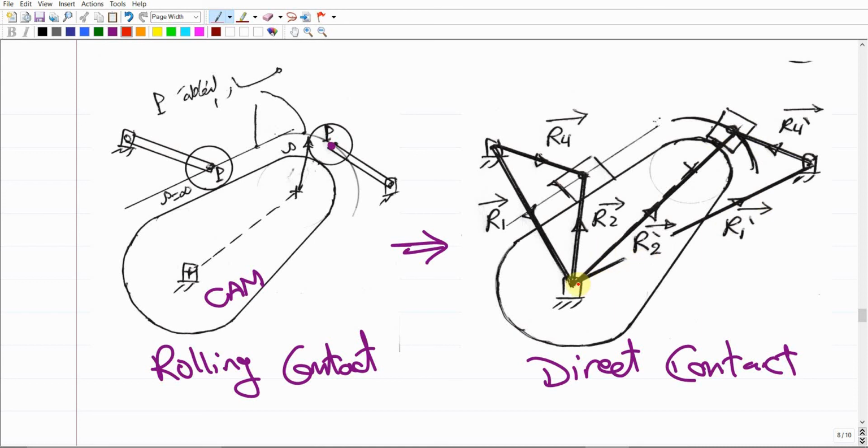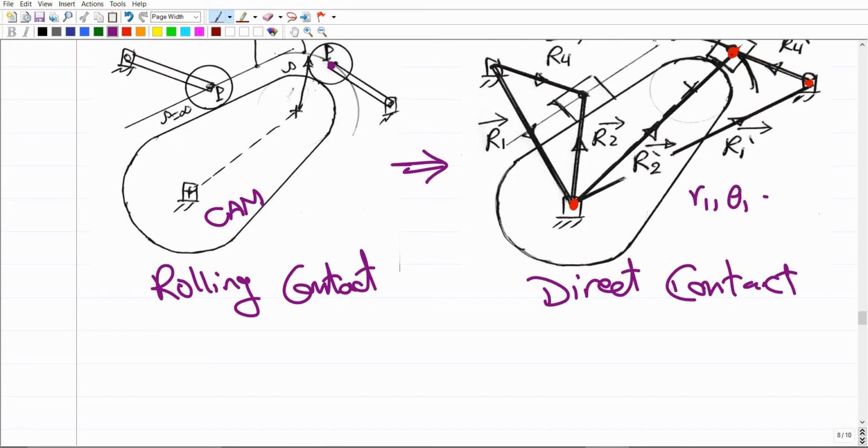One position vector is set up between the fixed point of the cam, or the point of rotation of the cam, to the contact point, which is point P, and the same thing for the follower, from its point of rotation to the contact point. This is going to give us R1, R2, and R4. Then we're going to set up R1 to close the loop, and this is the loop that should be solved. As you can see, R1 is constant.